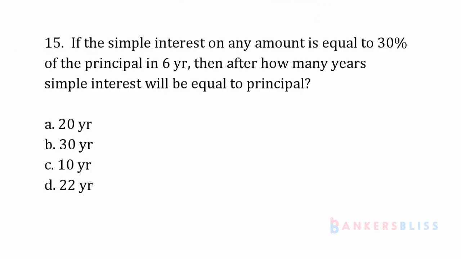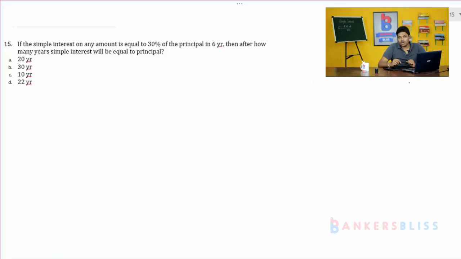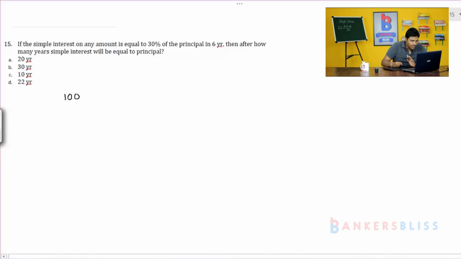Problem number 15. If the simple interest on any amount is equal to 30% of the principal in 6 years, then after how many years will the simple interest be equal to the principal? Simple interest equal to principal means you have to get 100% interest on the principal amount. For example, if the principal amount is 100, then the simple interest also should be 100.